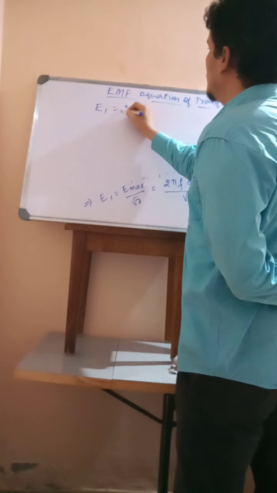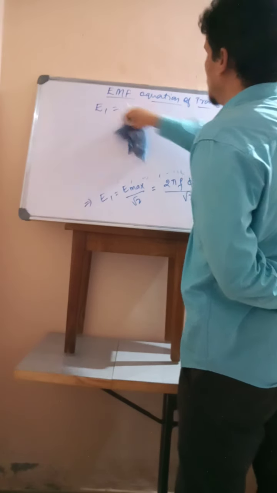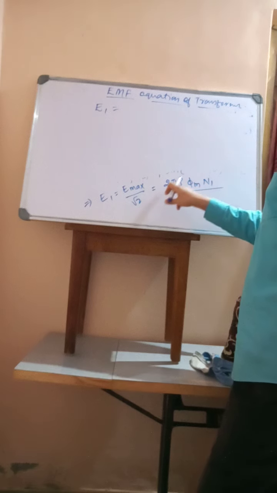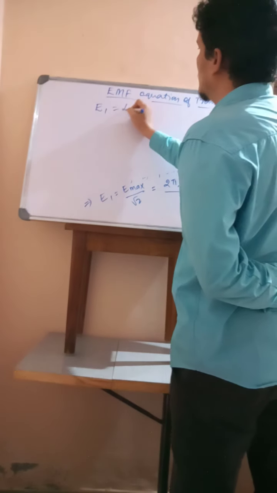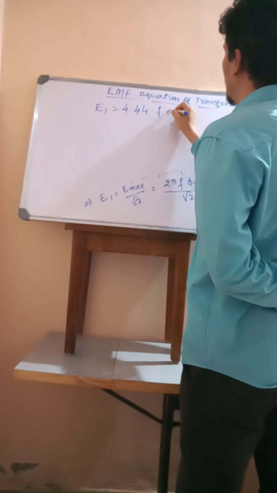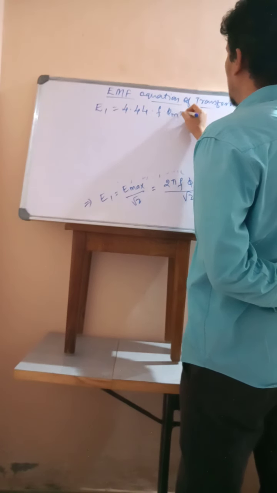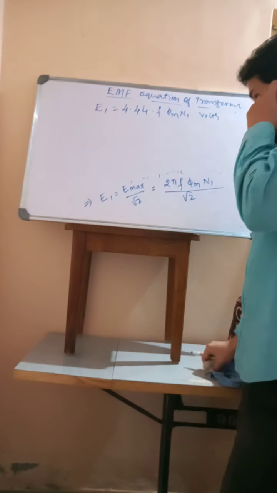Because 2 pi f, 2 into 3.142 divided by root 2, you will do that, then you will get E1 is equal to 4.44 into f into phi m into N1 volts. This is the RMS value of the induced voltage.